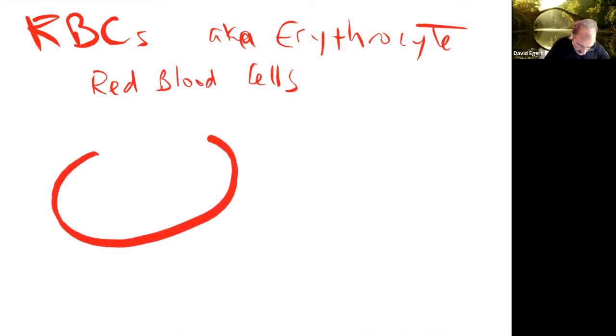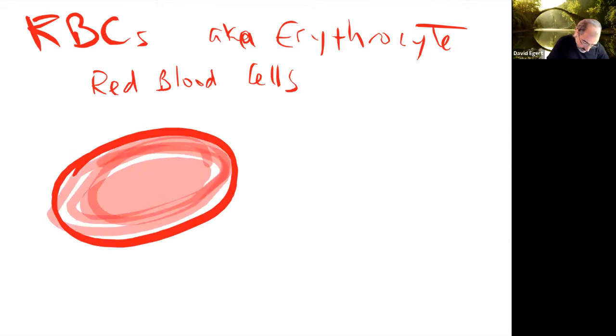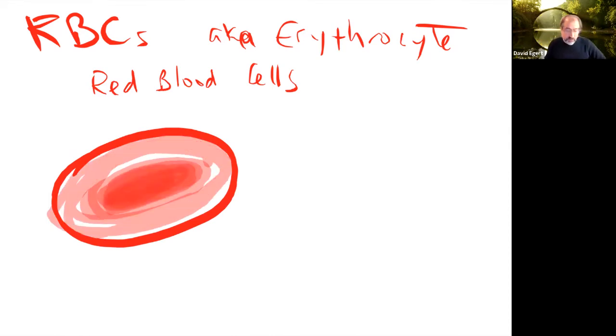So you have this cell here. It tends to have this kind of dimple because they eject their nucleus, so the cheeks suck in. So there's no nucleus.